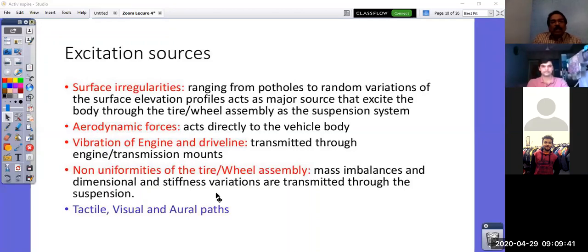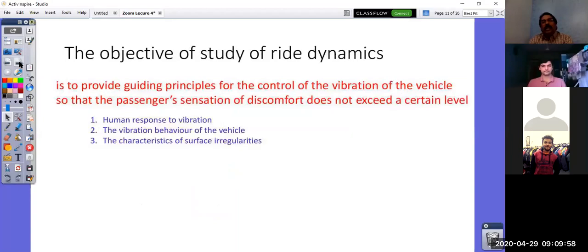So all these can be perceived by the occupant through three paths. It can be a straight contact path, the tactile path, or through visual contact, or by the oral path, that is auditory sensation. So looking at these excitation sources, we have defined the main objective of ride dynamics. It is to make a control strategy so that the passengers' perception of comfort is good.